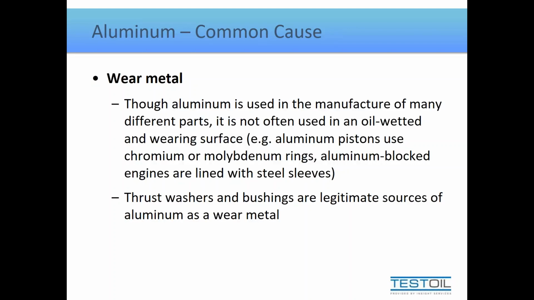So where we would see aluminum as a wear metal would be if we had a true aluminum part in a wearing type application, and I'm suggesting things like thrust washers and bushings seem like a pretty reasonable example. When we think of an aluminum piston, on the other hand, the piston isn't necessarily going to wear, the rings are going to wear. The rings are usually made of other metals.